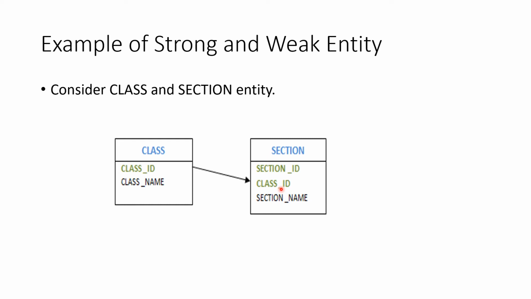Now we are able to recognize it clearly, and here we can say that this section is weak entity. Why? Because its IDs and column names were not sufficient to say what kind of section it is. It needed this class ID. So that's why this is weak entity and class is strong entity.